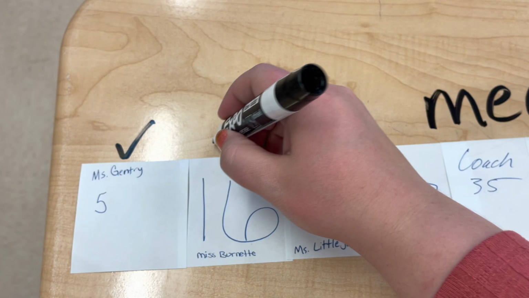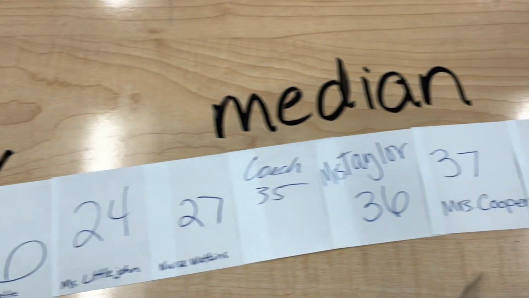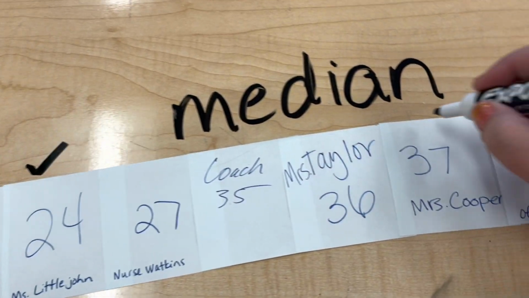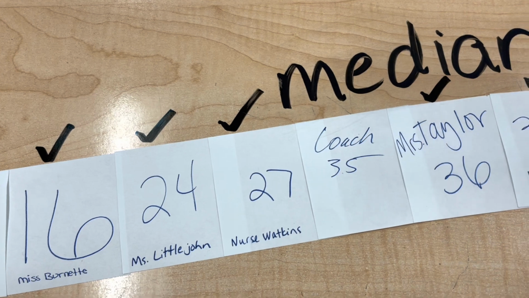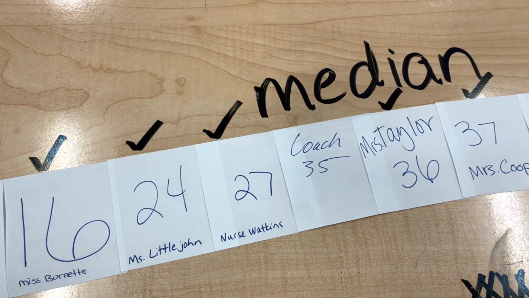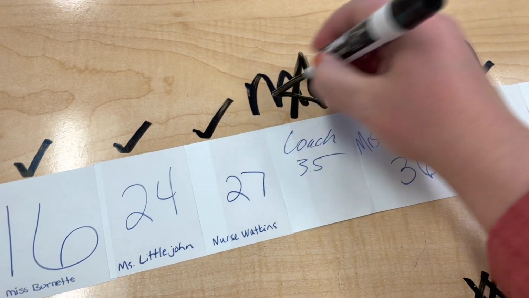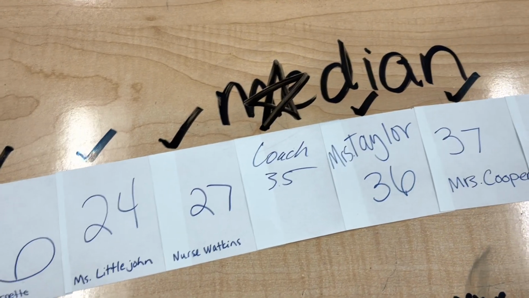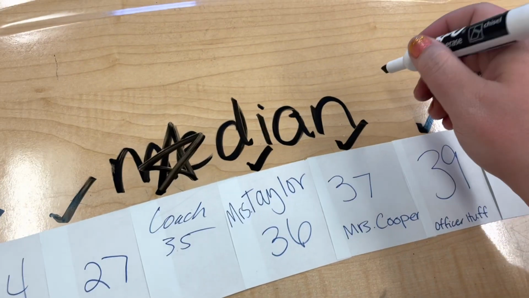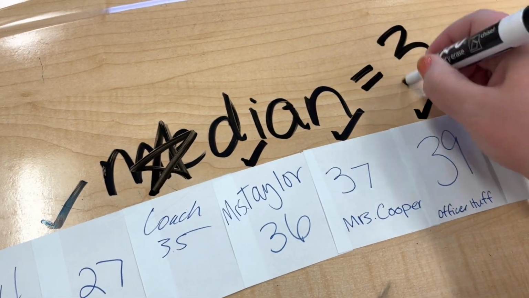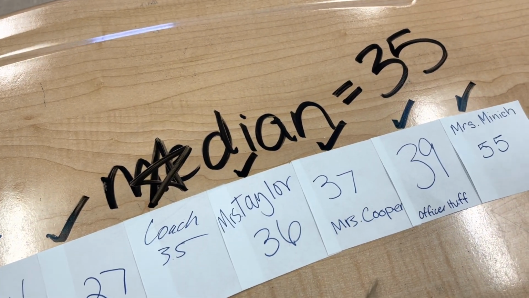So I'm going to go back to the front, 16 and 39, 24 and 37, 27 and 36, and the only number that I have left is this number right here, which is Coach's. I'm going to put kind of a star right there. So that 35, that number is our median. So our median is the number that is directly in the middle.